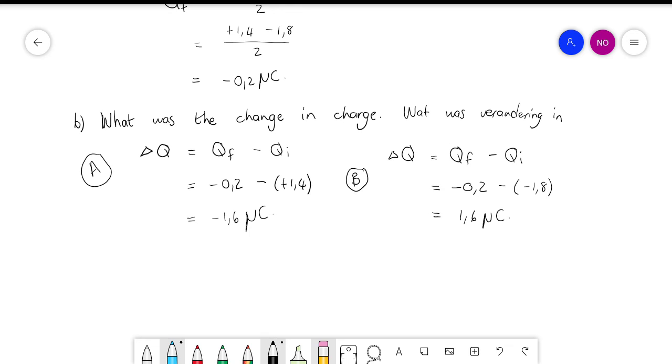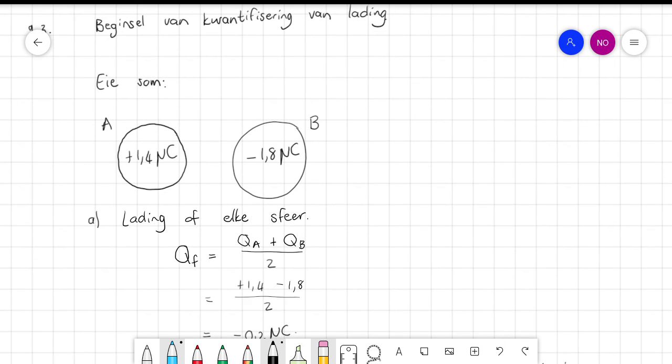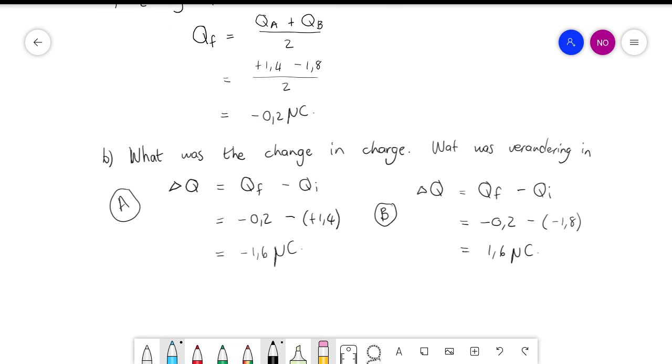The charge increase on the one needs to be exactly the same as the charge decrease on the other one. Stem julle saam? Do you feel like lading wat die een bolletjie verloor het? Waartoe gaan daai lading? Na die ander bolletjie toe. So met ander woorde, as ons gaan kyk na sphere A, as hy 1,6 coulomb verloor, dan beteken dit die 1,6 microcoulomb gaan sit op die ander ene. So hulle tekens gaan net verskil.